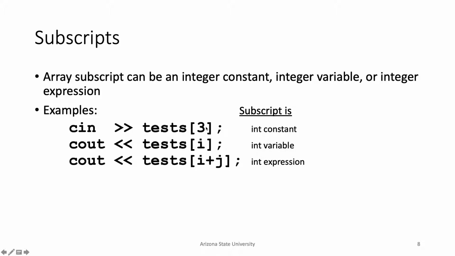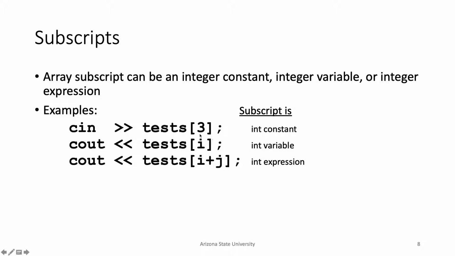The thing inside the square brackets, not when we're declaring the array, but when we're actually using it, like getting a value out or setting a value in, is often called a subscript. I use the word index, but it's the same terminology here. The cool thing is that the subscript doesn't have to be compile time evaluatable.